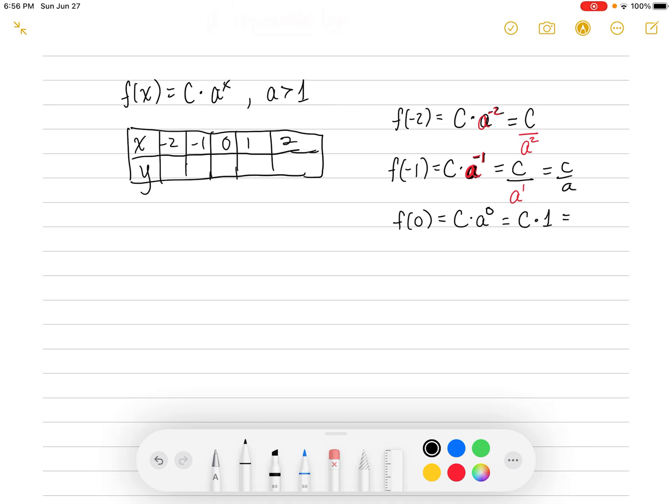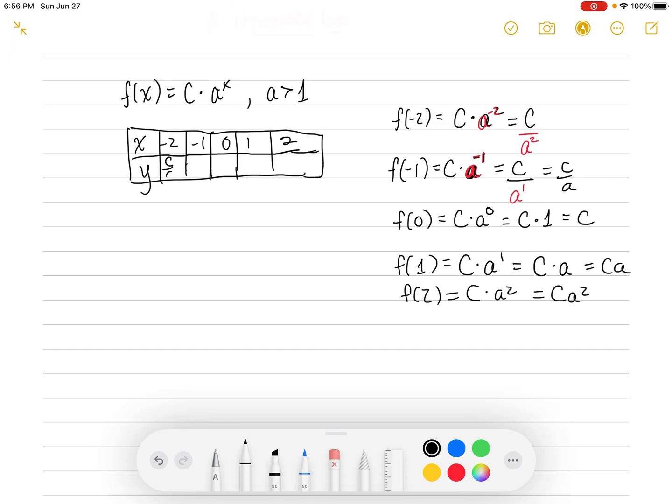If I want to find f of 0, that's c times a to the 0 power. Now we know that a to the 0 power is 1, right? Anything to the 0 power is 1, so c times 1 is c. Then f of 1 is going to be c times a to the 1 power, which is simply c times a, or you could say ca.